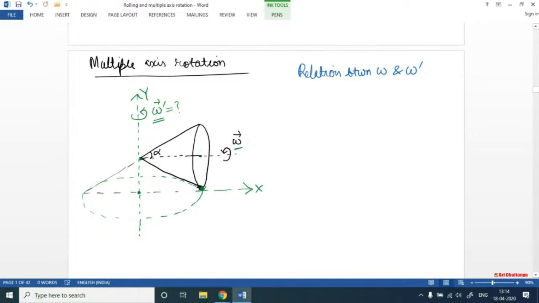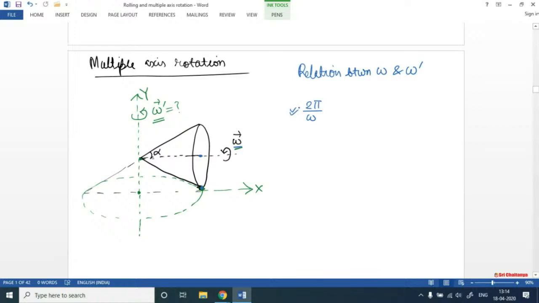So now you see, when this cone completes one rolling about this axis with angular velocity omega, the time it will take to complete one rotation is going to be equal to 2 pi by omega. Can we clearly say that? This point is at the ground. The next time it will again come to the ground will be after 2 pi by omega.